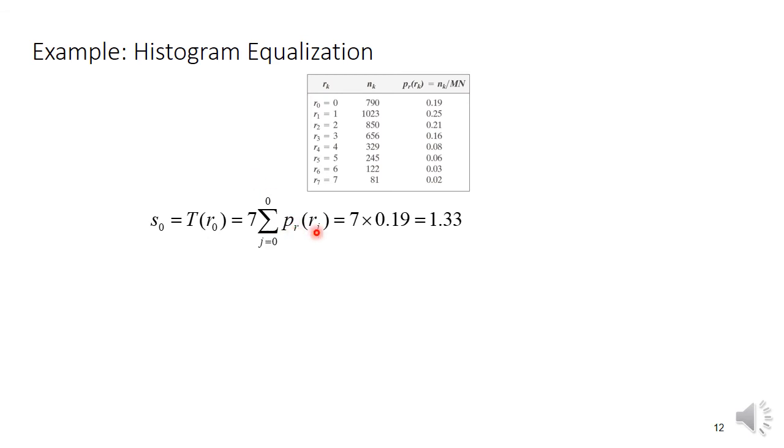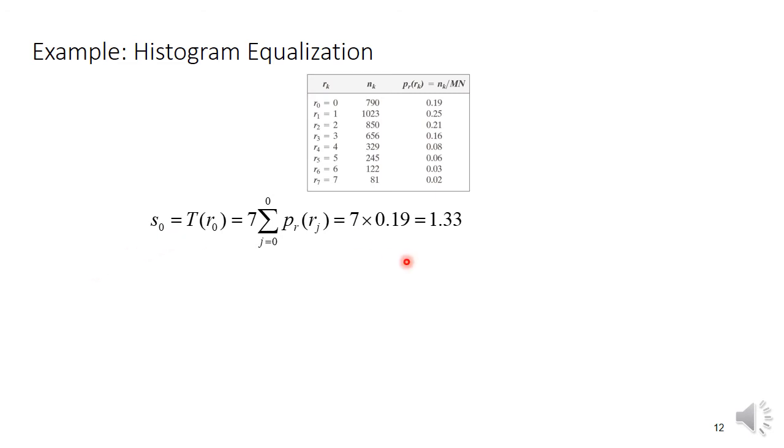So p of r into rj, we know that this is 7 multiplied by this figure, and this figure here we have calculated, it is 0.19. After multiplying this 0.19 with 7 we get 1.33, and 1.33 is actually the output intensity, which is denoted by s naught.